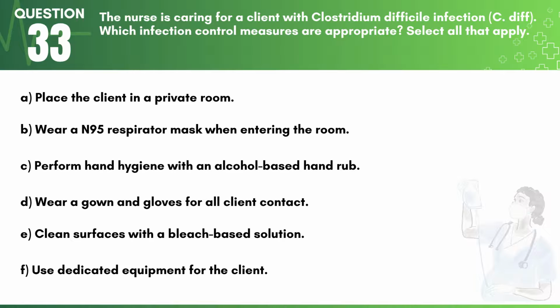C. Perform hand hygiene with an alcohol-based hand rub. D. Wear a gown and gloves for all client contact. E. Clean surfaces with a bleach-based solution. F. Use dedicated equipment for the client.